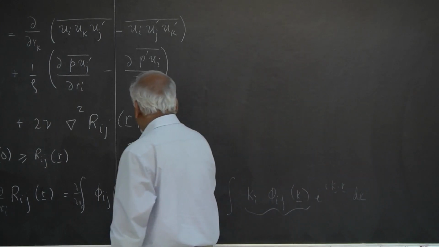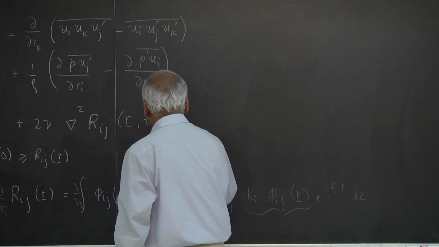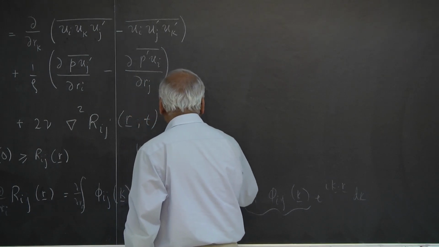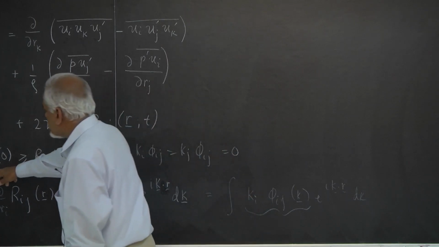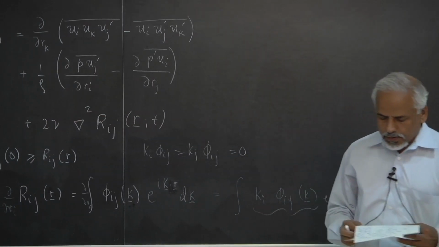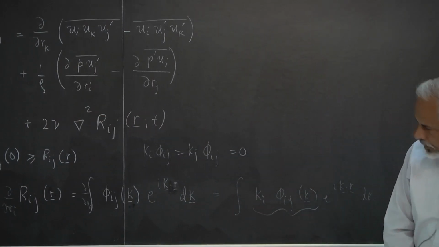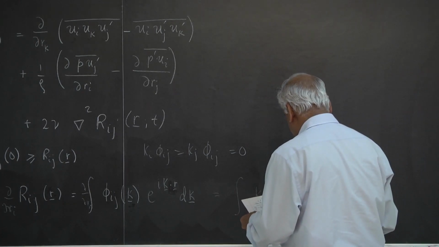So you have the result ki phi ij equals kj phi ij equals 0. What I'm saying is Rijs and phi ijs have certain properties, and I will discuss them later on for you.